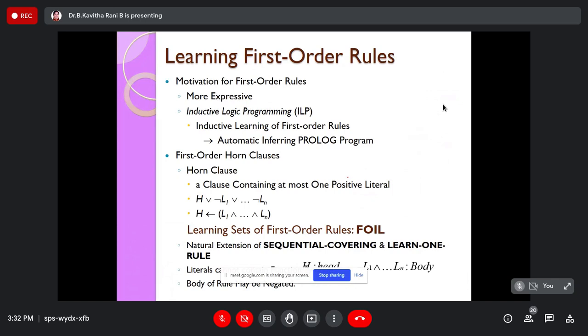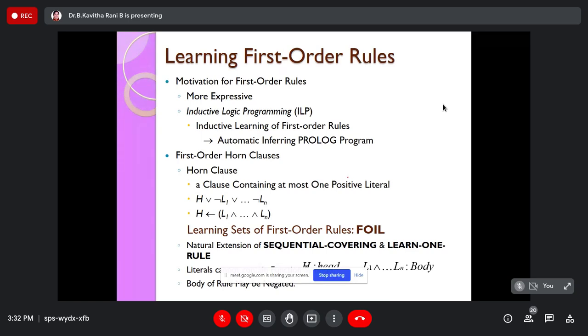Here one by one, rules will be learned, the same way as in sequential covering algorithm. We will be using different rules here by using this particular technique also. It provides different sets of rules, and this is an extension of the learn one rule algorithm.